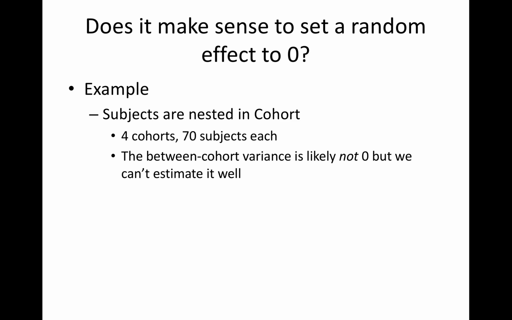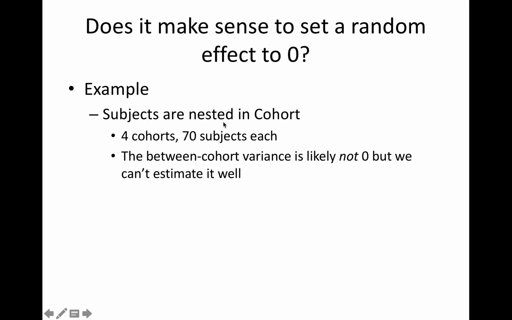You're not estimating a slope for each subject, but you're allowing the time effect to vary randomly over subjects. So you have a between-subject slope variance. The question is, could that variance be 0? And that's not a very realistic assumption.